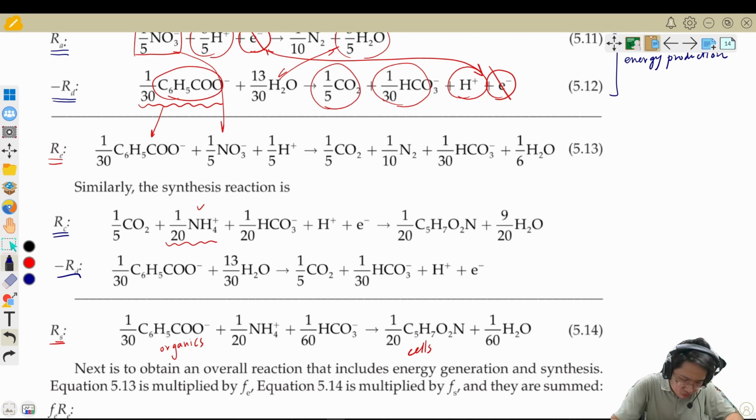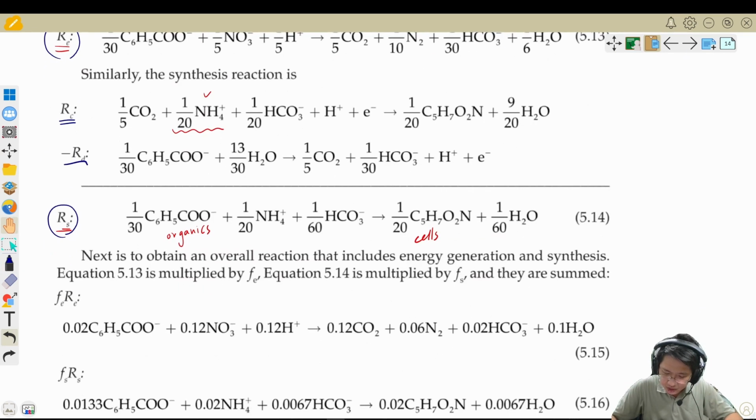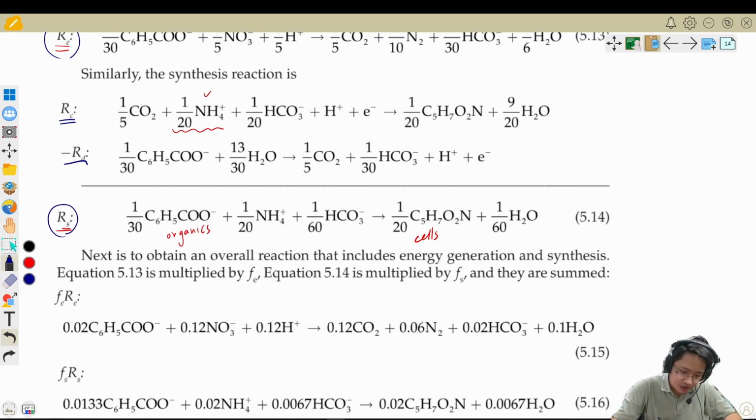So by combining the Re and the Rs, as we know previously, we can times the Fe and also the Fs together with those chemical reactions, and we know these two combined would equal 1.